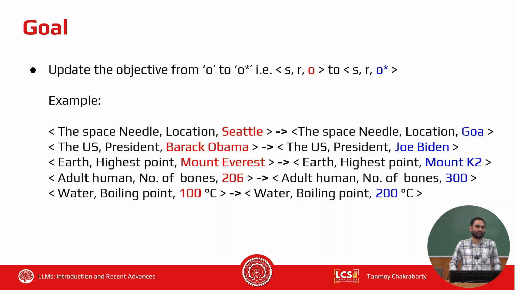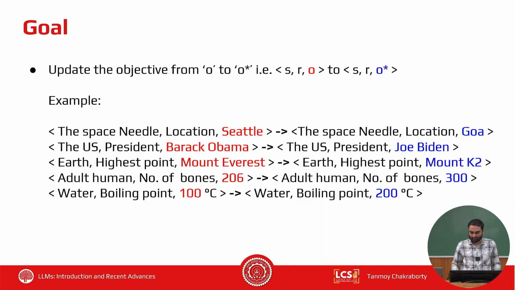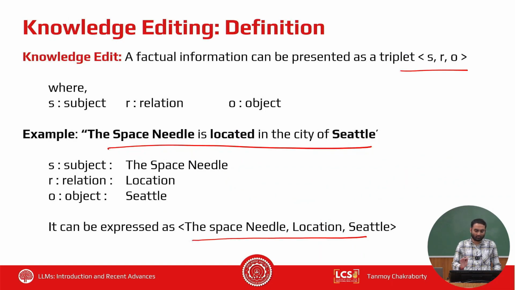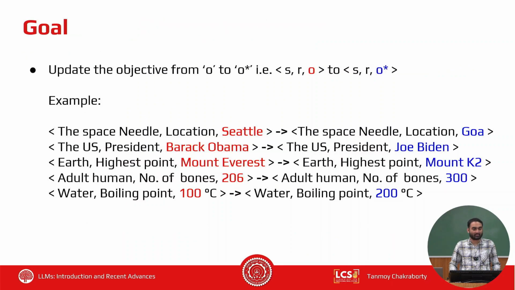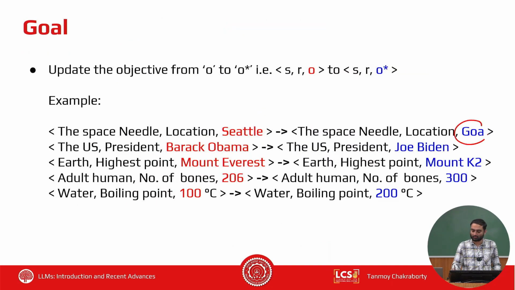What is the goal of knowledge editing? Let's say you are given this fact, and you know that when you give this as a prompt, the Space Needle is located in the city of dash, in general the LLM returns Seattle as the output. But you want to change it to Goa. So when you feed this prompt, you want the model to return Goa as the output.